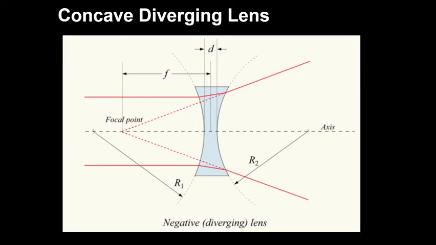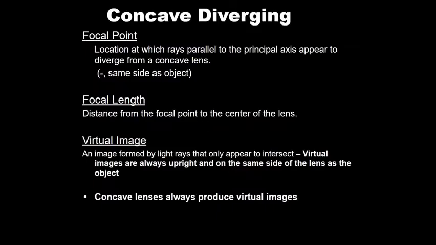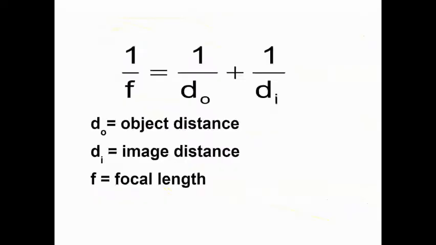Before I move on to concave lenses, I would like to discuss the lens equation. This inverse relationship says that 1 over the focal length has to equal 1 over the object distance plus 1 over the image distance.